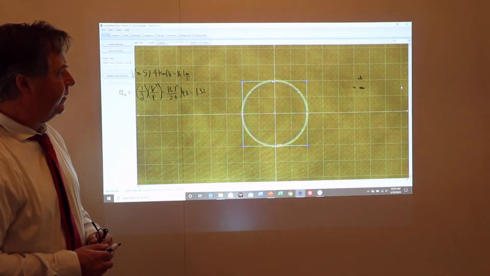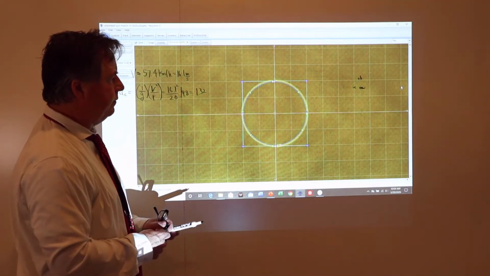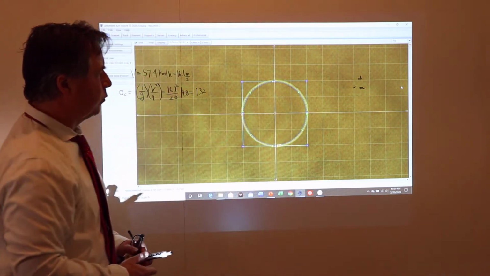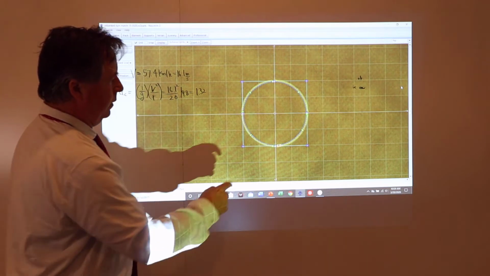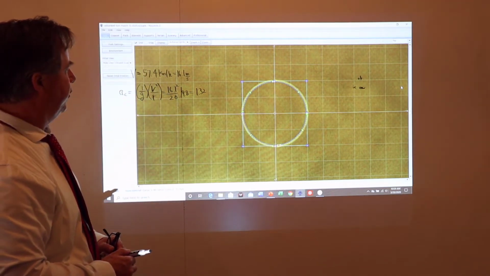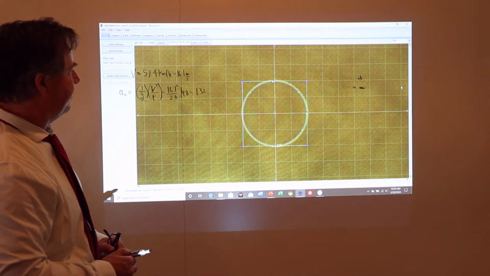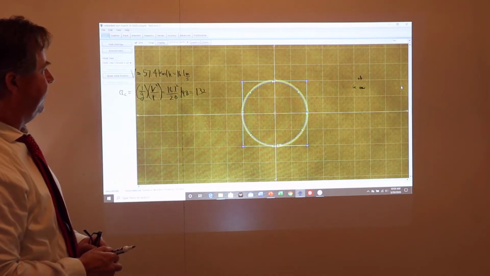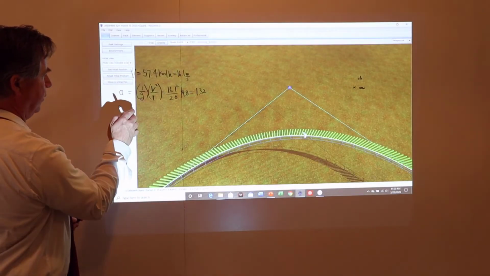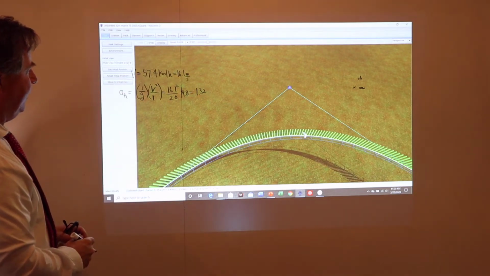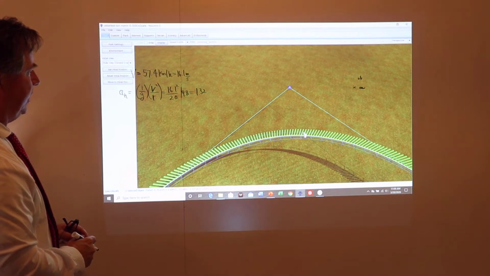Okay, this is a top-down view of the track that I've created. It's a 20-meter radius track. The acceleration station will accelerate it to about 60 kilometers per hour. By the time it gets to this point here, it's traveling at 57.4 kilometers per hour. So I'm going to compute the horizontal acceleration, and that's equal to v squared over r times 1 over g.